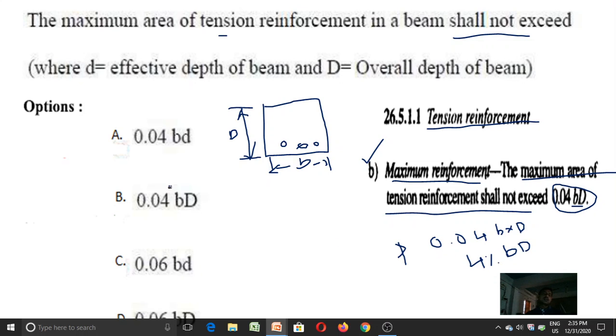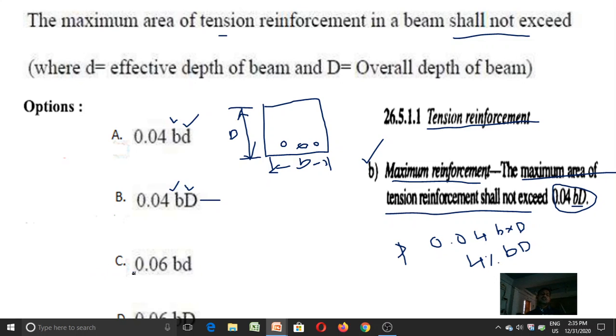So let us take the options for this question. Option A, 0.04 times BD. Option B, here small b and small d. You have to observe this condition also. Small b is the width of the beam and small d is the effective depth. Those things you have to observe here. Option B is 0.04 small b capital D, so this will give the gross cross sectional area.